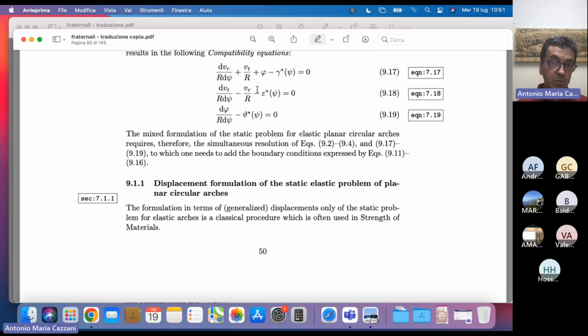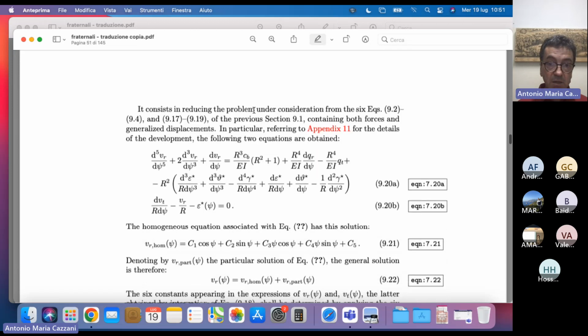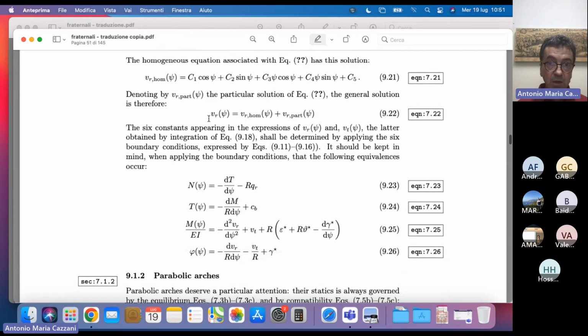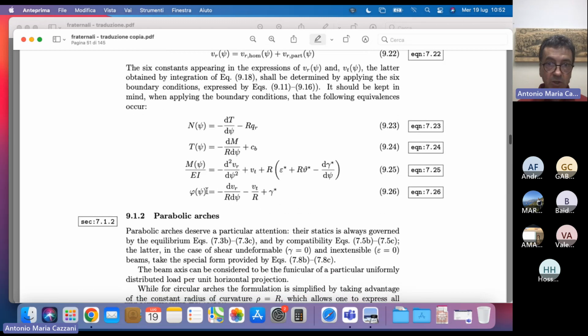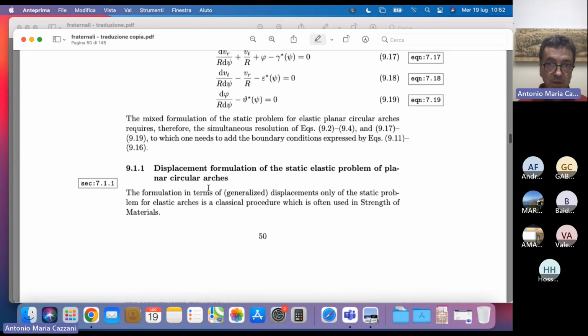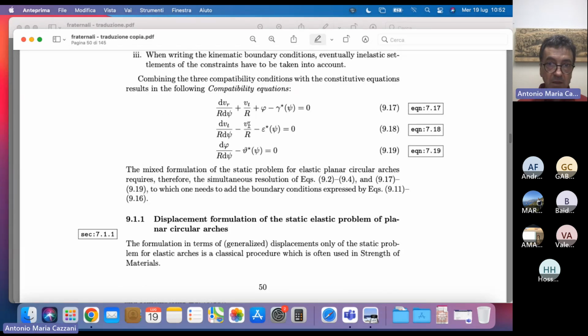Otherwise, we could manipulate this equation again to get a 6th order equation in terms of Vt. Anyway, once we have done this, we reach this solution in terms of VR. So once we know VR, by the previous equation, integrating this one, we detect how VT is done.